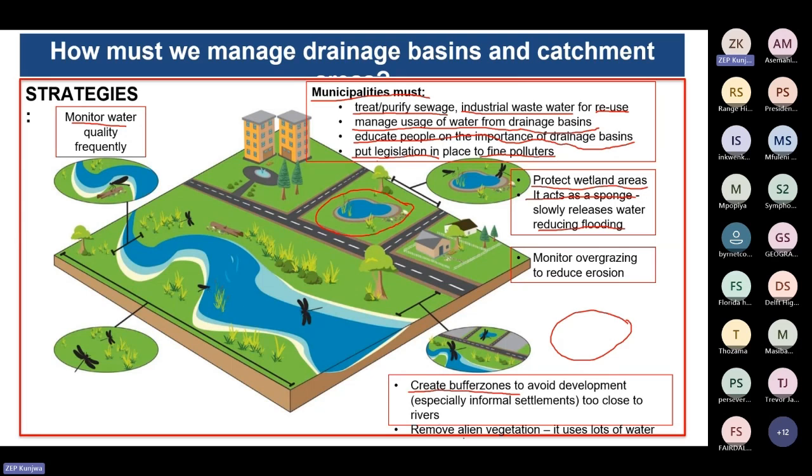And then we need to remove alien vegetation. Why do we remove alien vegetation? Because alien vegetation is taking a lot of water from the underground resources. So that is why we need to remove the alien vegetation there.